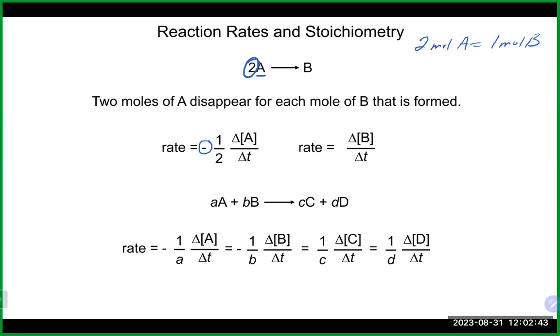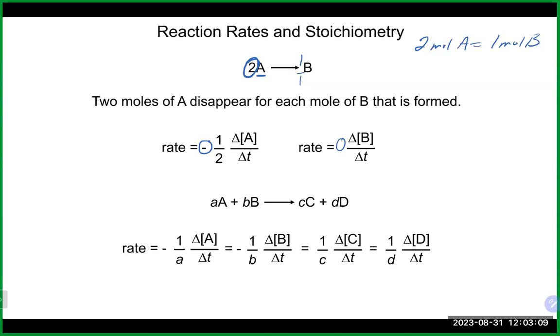So when we get to the product side here, the rate is equal to, once again, because it's a product, there is no negative here. 1 over 1, because that's the coefficient, so that's why we have no visible 1 over 1. The change in the concentration of B over time. So in general, you could write a rate expression by taking 1 over the coefficient, and anything that is negative would be a reactant.